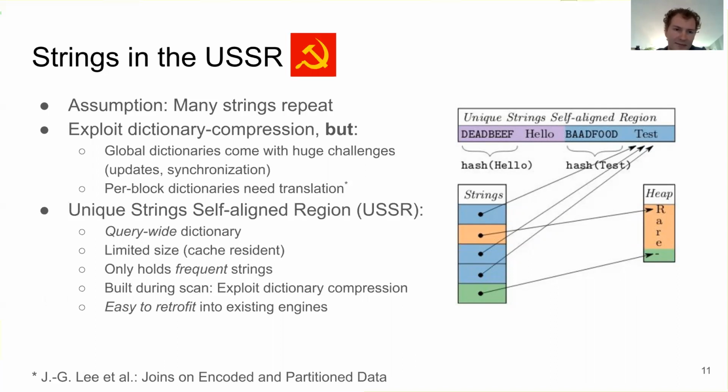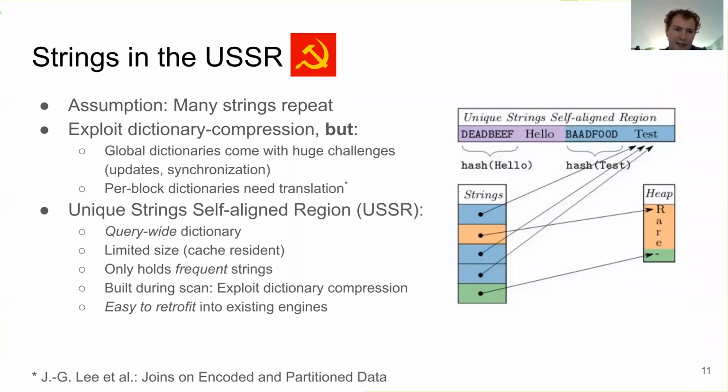On the other side, you would have per block dictionaries. So during a scan, you would scan a certain range of blocks. Each block can have its own compression. Say they're all dictionary compressed, however, each block has its own dictionary.